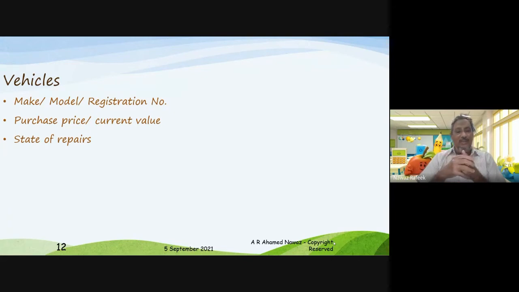Why is it important? As I told you, all collateral securities have to be inspected at least every 6 months, and an inspection report has to be prepared. Stock in trade every 3 months. So you check make, model, registration number. Why do we check?